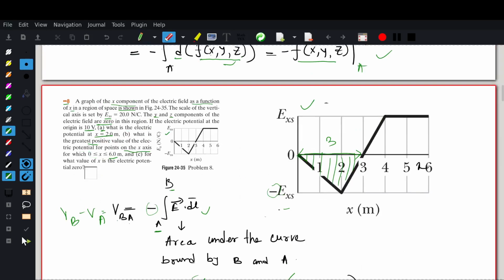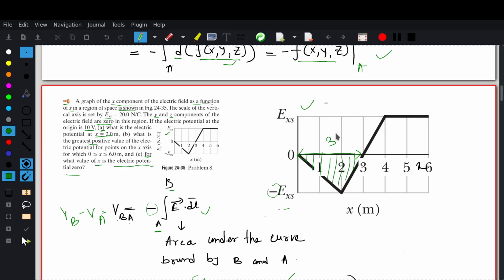So the last part of the problem: for what value of x is the electric potential 0? You see, we will have to find some x, which will lie probably somewhere here, where the potential becomes 0. Now, we only calculated the potential of this region from 0 to 3, which gave us some positive value, I think we calculated it to be 40.